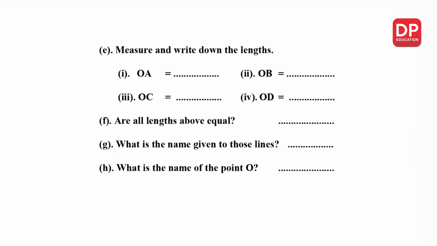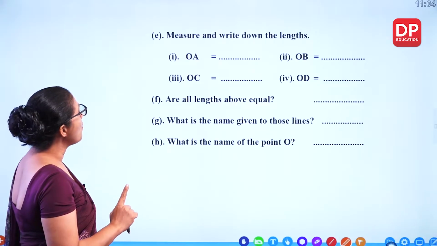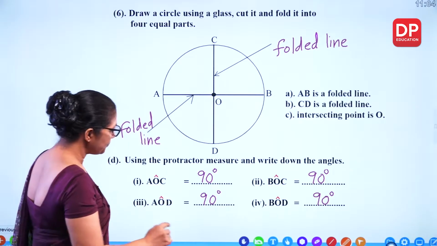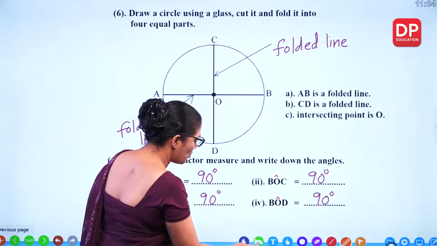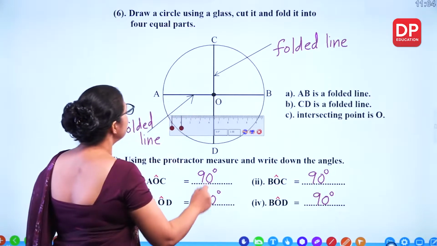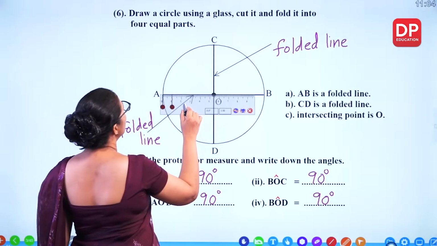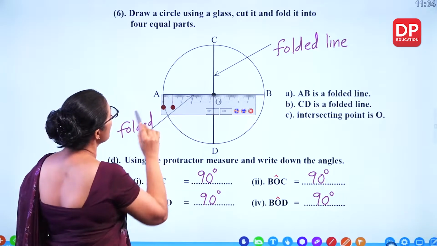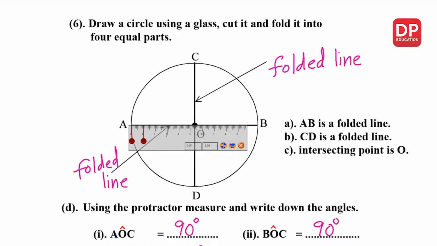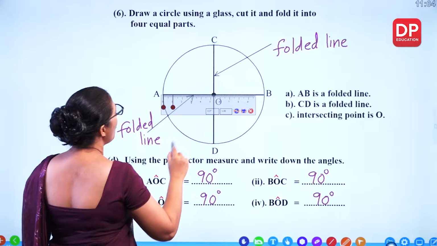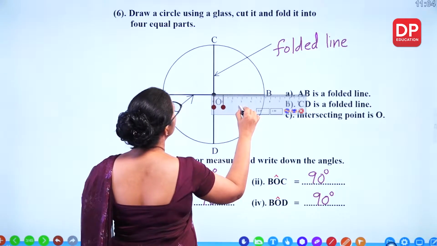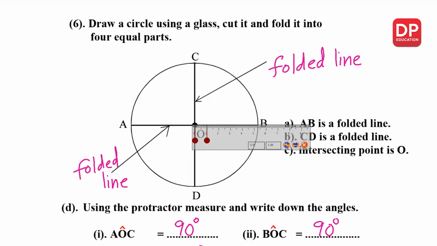Measure and write down the lengths OA, OB, OC, OD. So we can measure. We'll take the ruler. AO, here to here, 5.4. OB, 5.4.